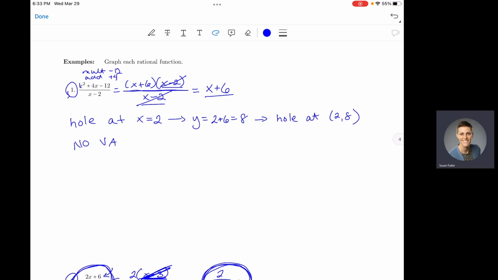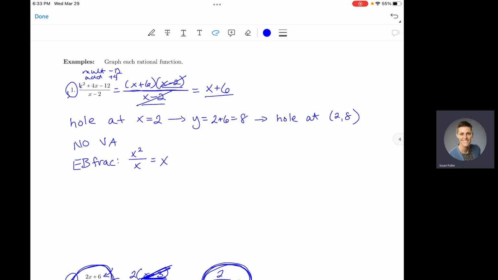And we could continue finding our horizontal asymptotes. If you did that, you would find your end behavior fraction. Our end behavior fraction would be leading term on the top divided by leading term on the bottom. When you simplify that, you get x.